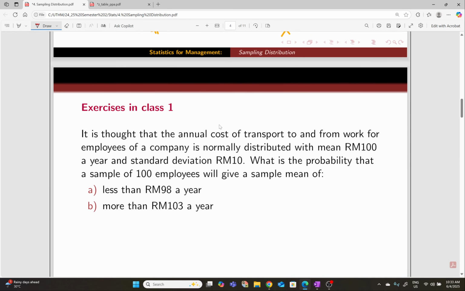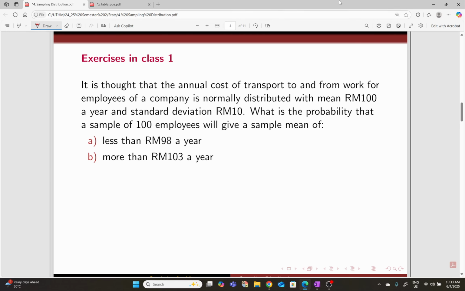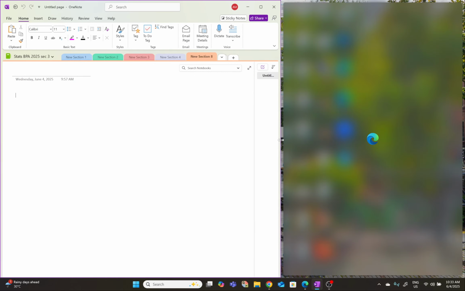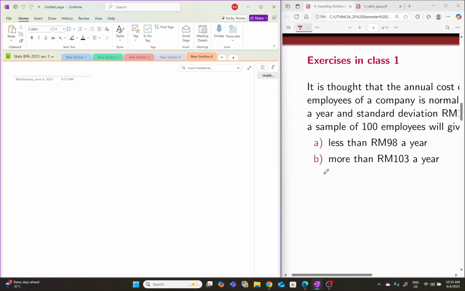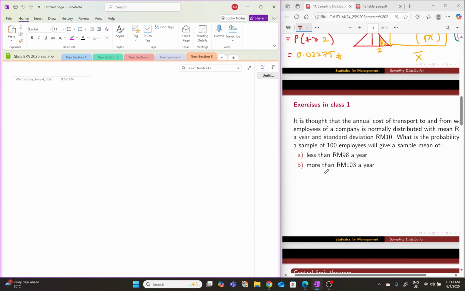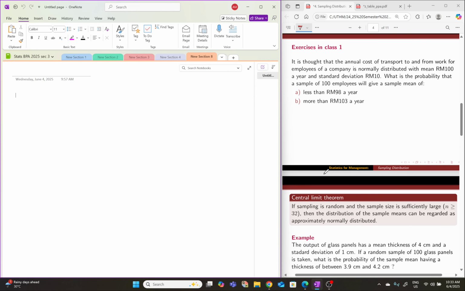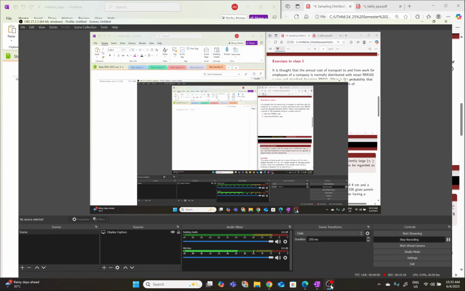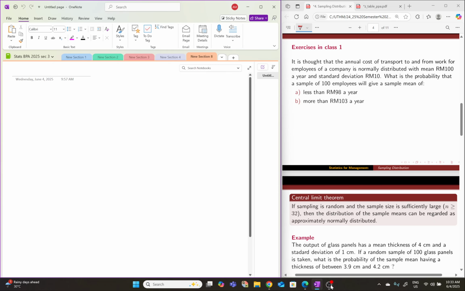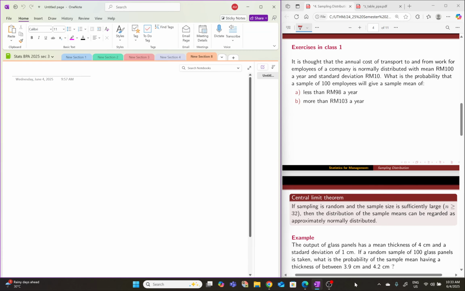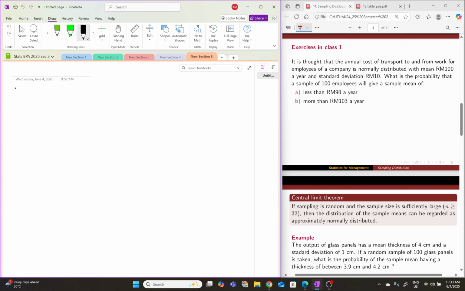Ni tak cukup tempat, saya akan buat di sini ya. I hope can see my screen here. Two screen now. Okay, good. So I'm going to do here exercise.